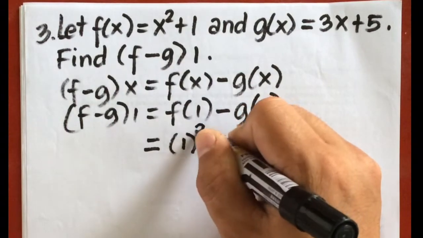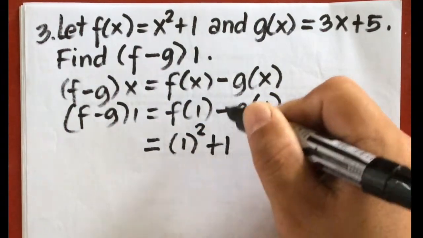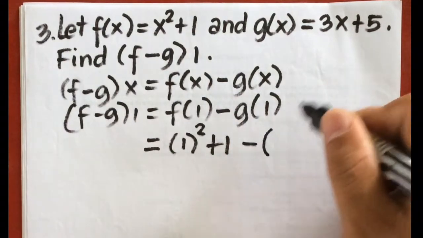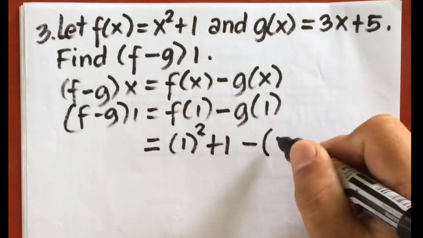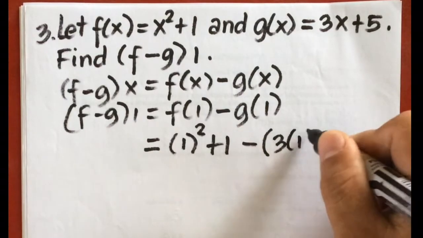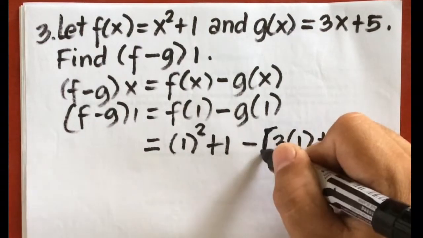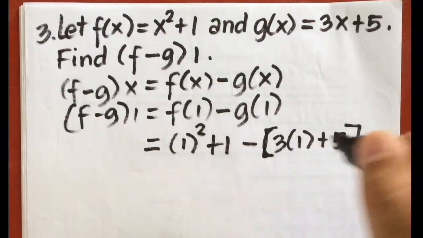So you're going to have 1 squared plus 1, this is for f(x), then minus g(x), which is 3x plus 5, so we're going to have 3 times 1, then plus 5. We're going to use brackets here.